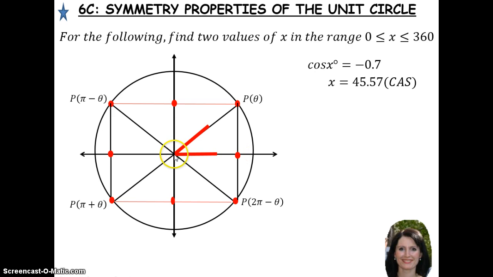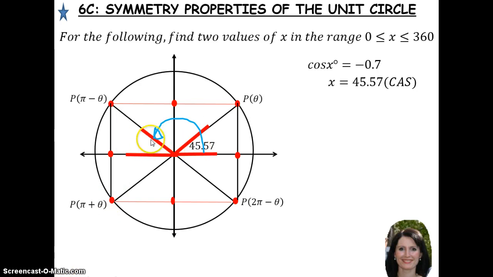Where do I have a negative? Well, if I put it into the second quadrant or the third quadrant, my x value or cos value is going to be negative, and that's what we want. So let's see what that's going to be. Let's go from 0 over to here.